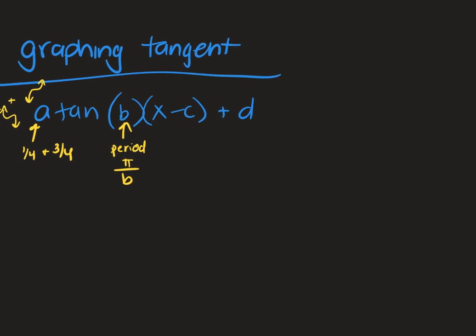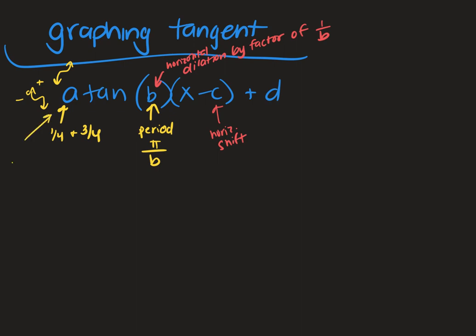The B and the C both impact your horizontal shift. If I'm describing it, then this is my horizontal shift, and this is my horizontal dilation by a factor of 1 over B. And A would be my vertical dilation by A. Inside the parentheses, remember we go the opposite direction.